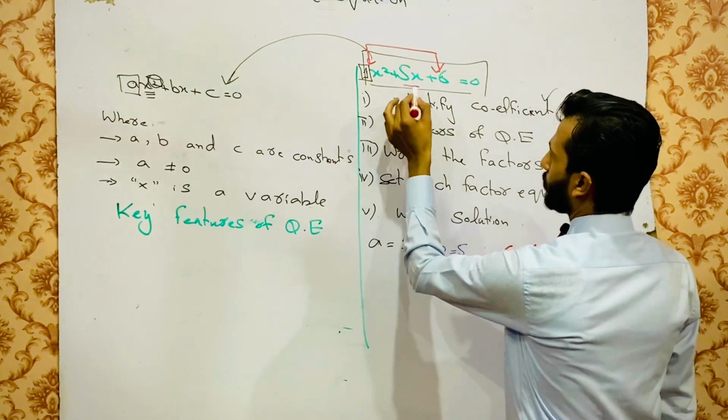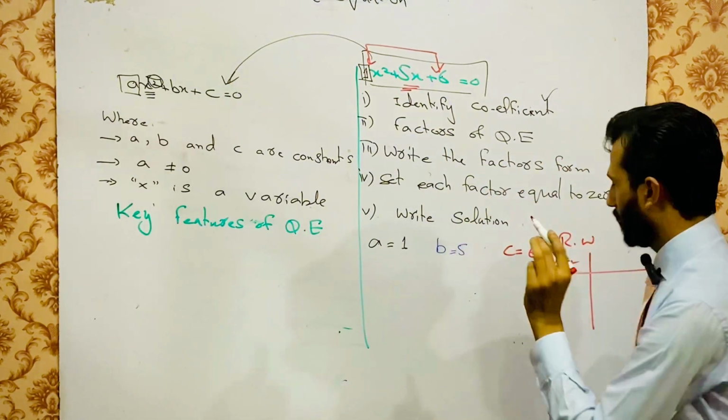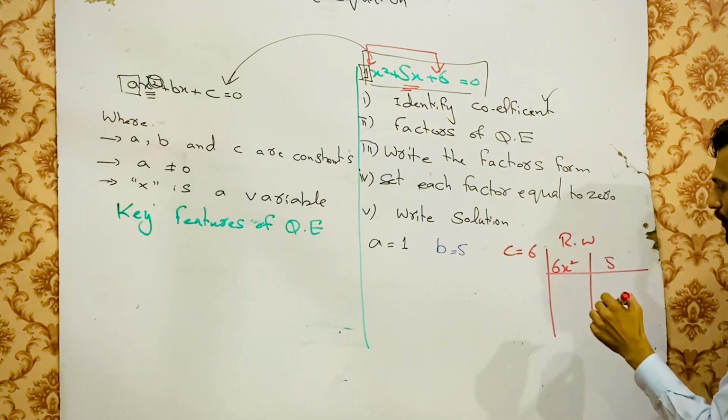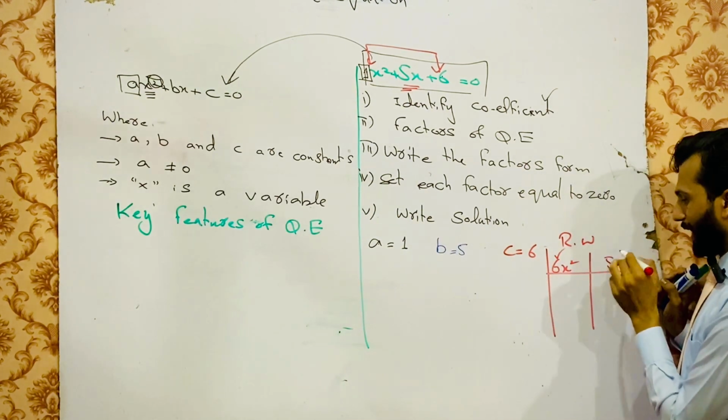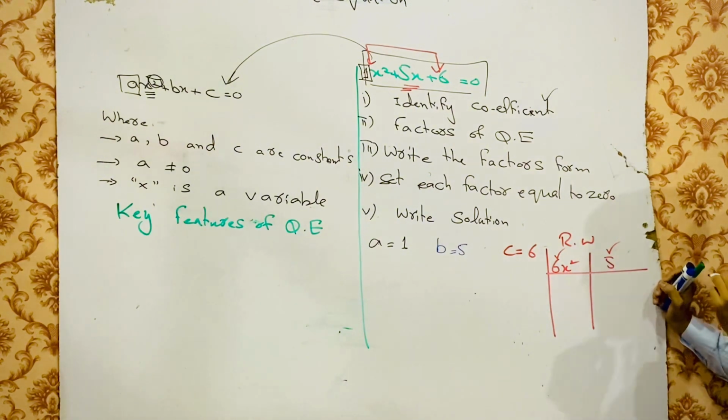And the center term is split into two parts, that is 5. We need two numbers that multiply into 6 and add up to 5.